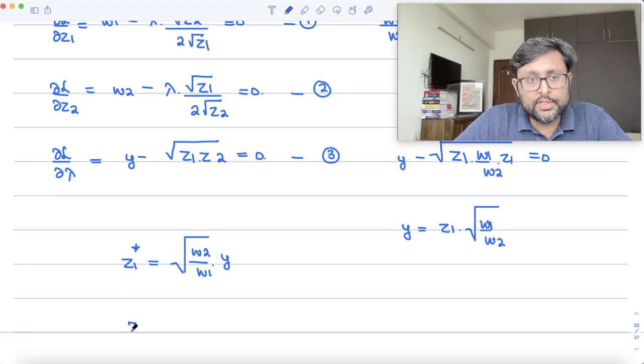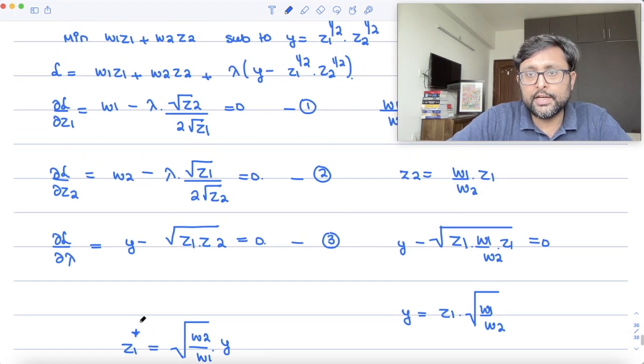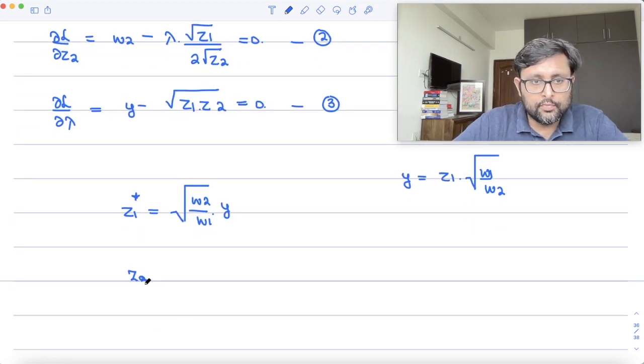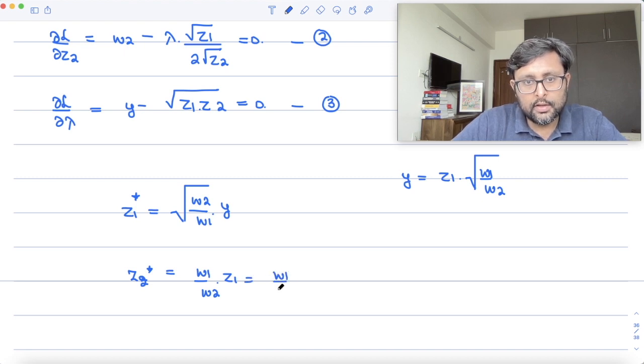Similarly, what is going to be your Z2? Beta, for Z2 you have written W1 by W2 Z1. So Z2 star is W1 by W2 Z1. That means W1 by W2 in place of Z1.